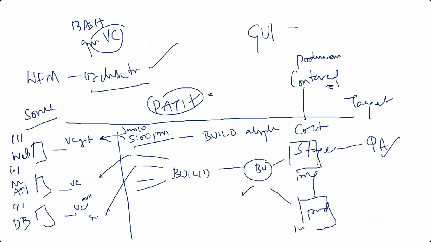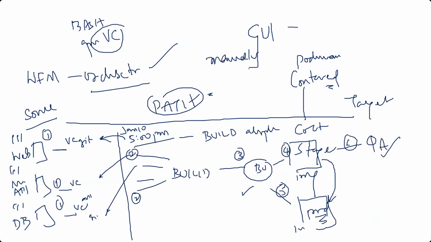If the QA team signs off, everything is good, then the updated test case image will be replaced on prod. So if you look at the workflow, this is step 1, step 2, step 3, step 4, step 5, step 6, which used to be done manually can now be done using an orchestrator tool. Okay, so this is how typical old generation orchestrator tools work.